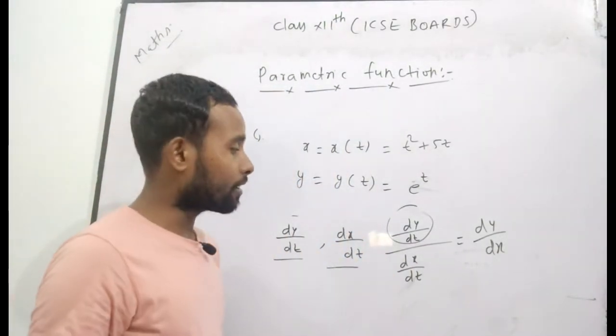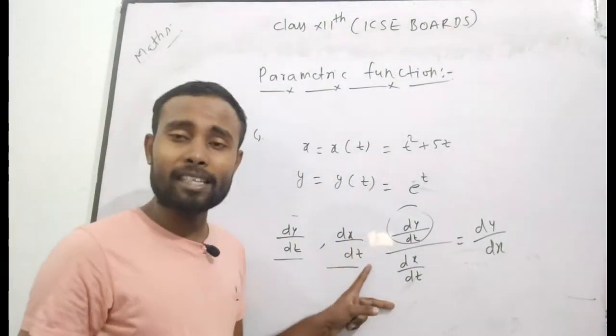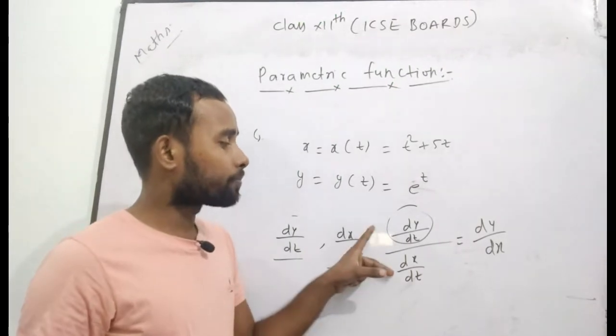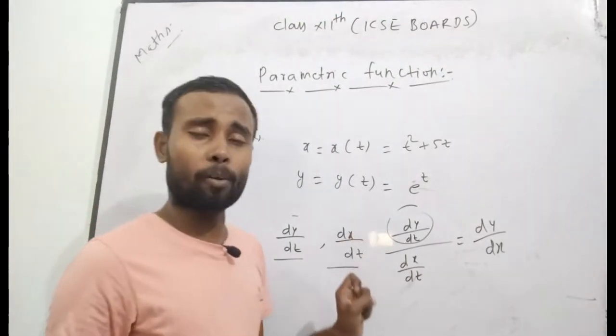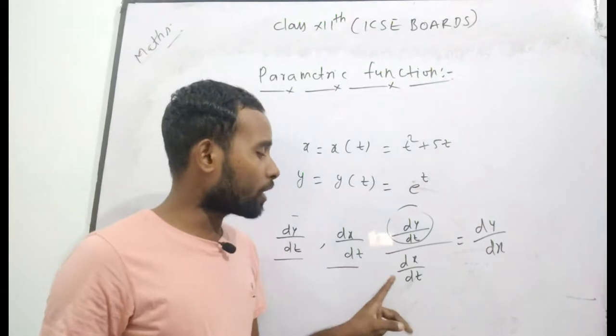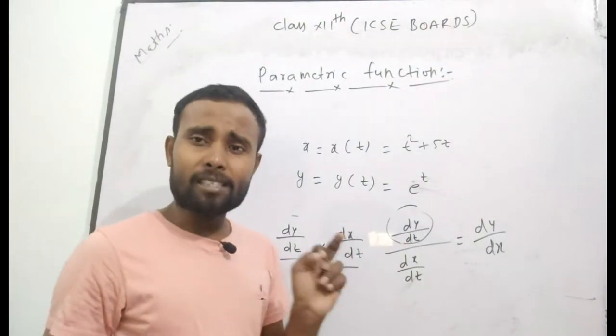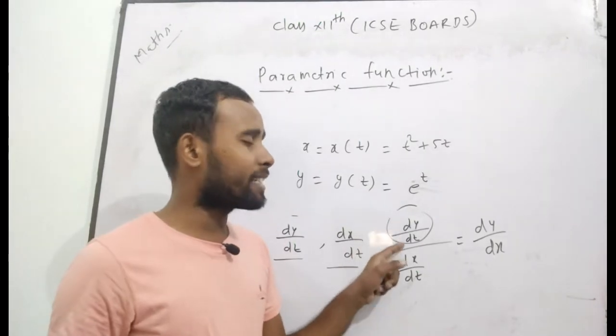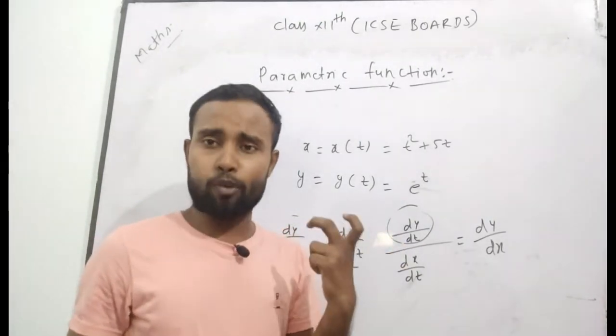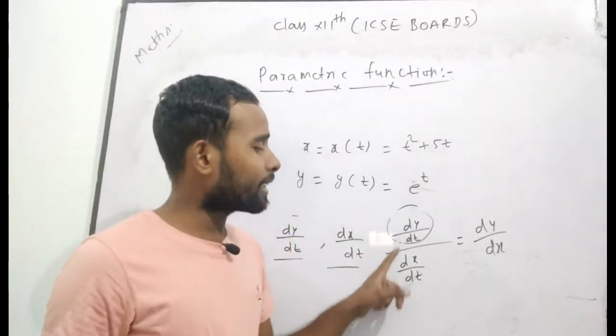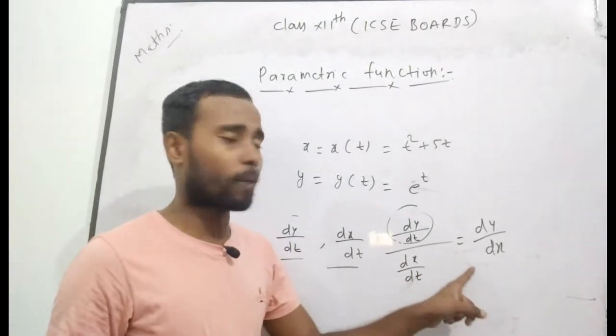Now you will tell me, sir, this is not treated as a numerator and denominator. In that case, how can you remove dt and finally get dy dx? There is a simple concept. While you express dy dt in limit form, automatically dt cancels and finally you will get dy dx.